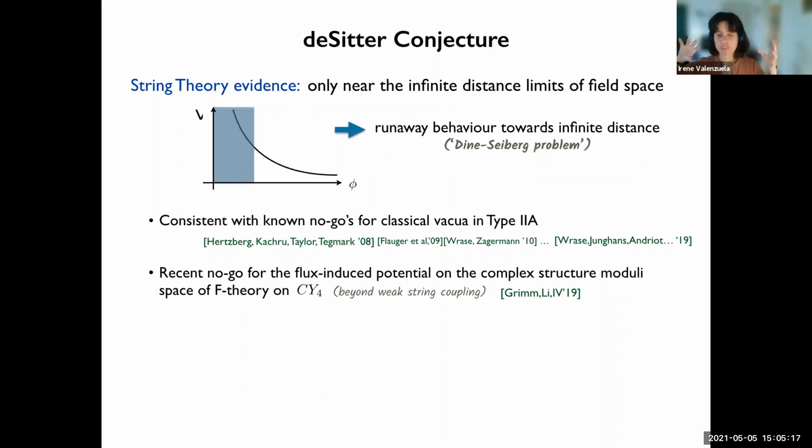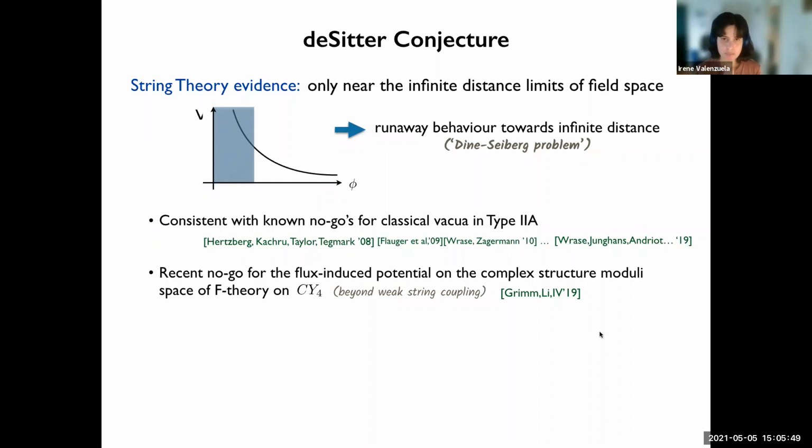Okay, so it's true that near the infinite distance limits, when we approach the boundaries and we get these exponential towers of states, there were already many no-go theorems for de Sitter vacua in the literature. And also recently we have generalized these no-gos beyond weak coupling, so that in general, when you approach some infinite distance limit, you always get this runaway behavior of the scalar potential.